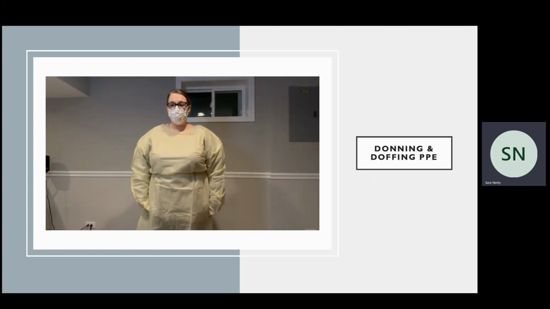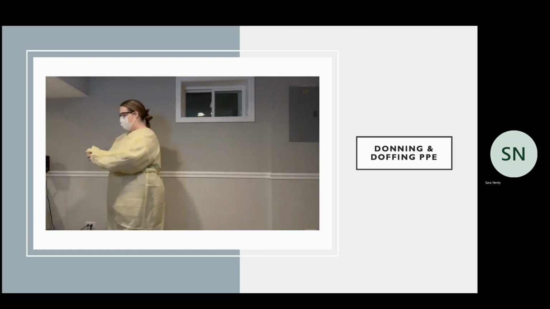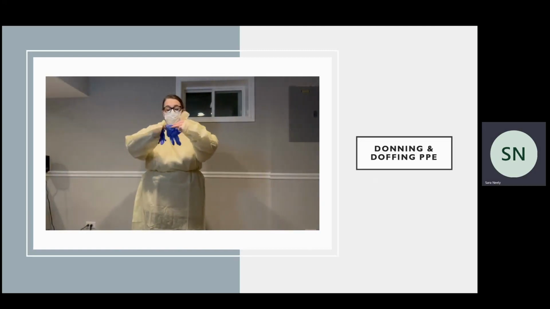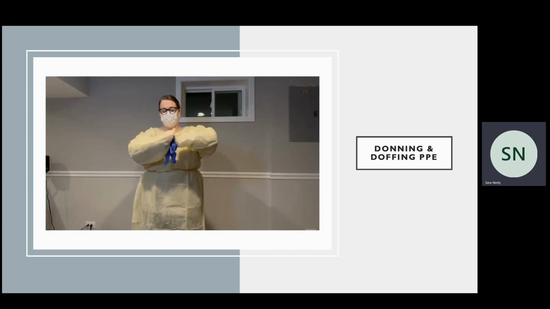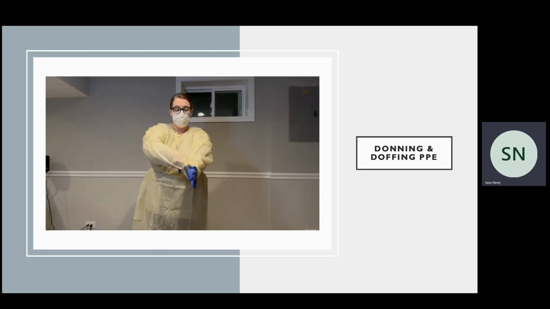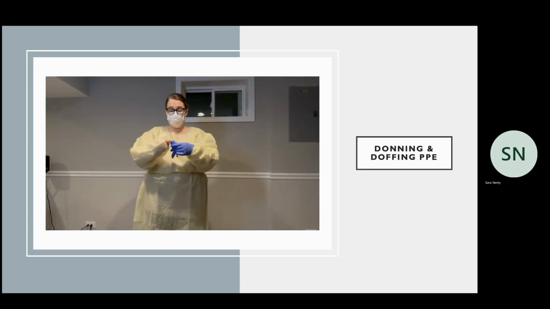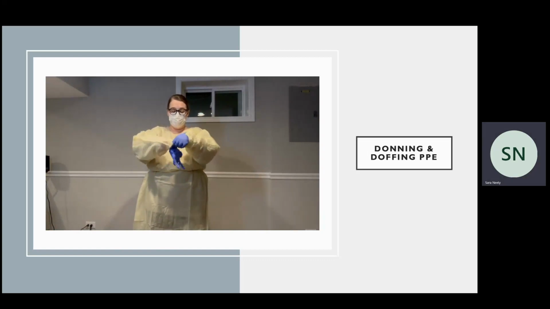And last, we'll put on our gloves. When you're putting on your gloves, you're going to want to make sure that you're pulling the edge of the glove over the cuff of the gown, like that. I'll show you again with this hand.